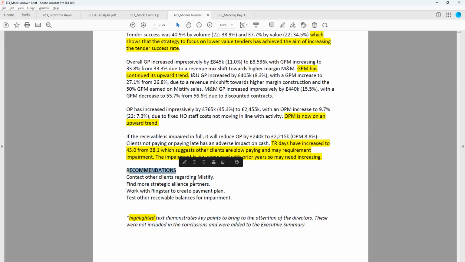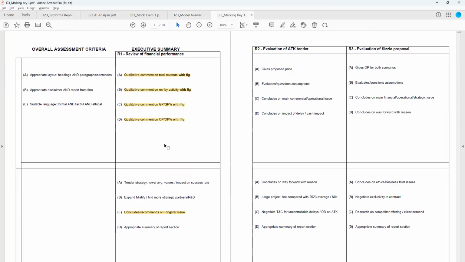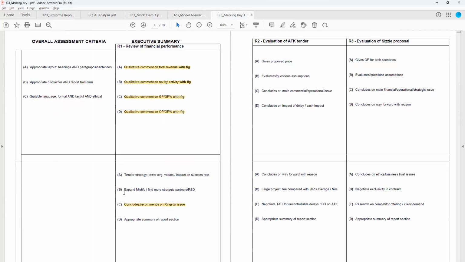And then your recommendations, copy which ones you think are the most important things to do. Again, the ones which will get marks in the marking key tend to be the ones which are most important. So we said expand Mystify, but we also saw what appeared to be a lack of investment in R&D, or it's certainly lower than previous years.